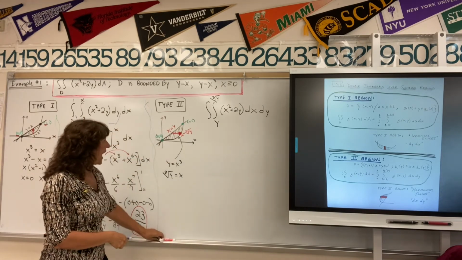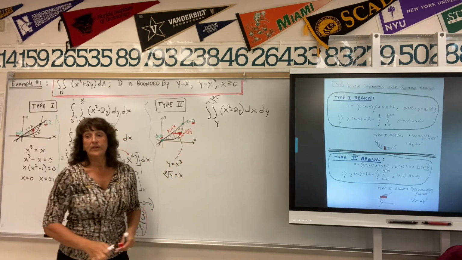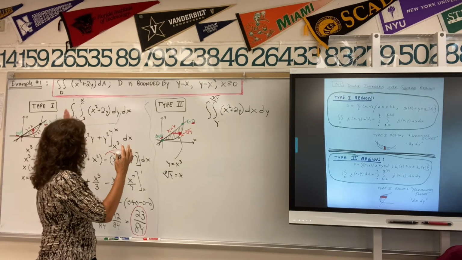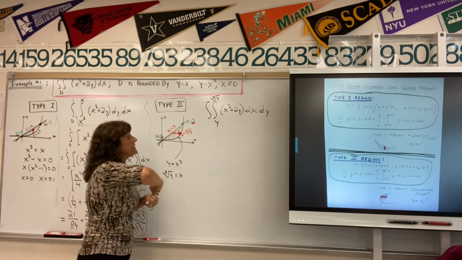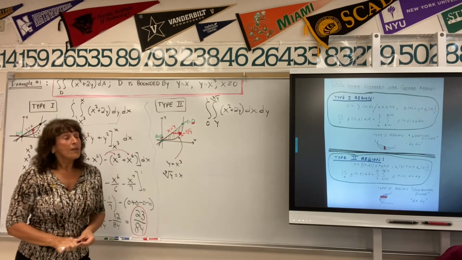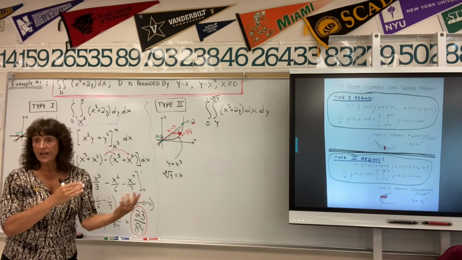The y bounds are actually going to be the y coordinates of the points of intersection, which happens to be 0 to 1 again, just because the x and the y coordinates were the same. So there's your y coordinate. This is how you would set up your type 2.